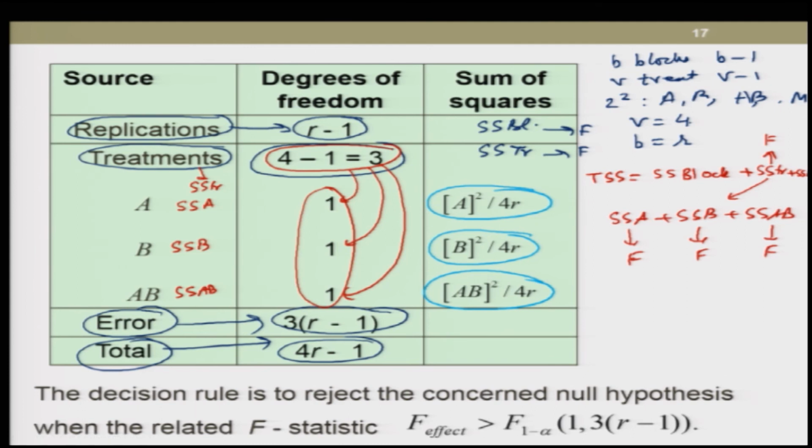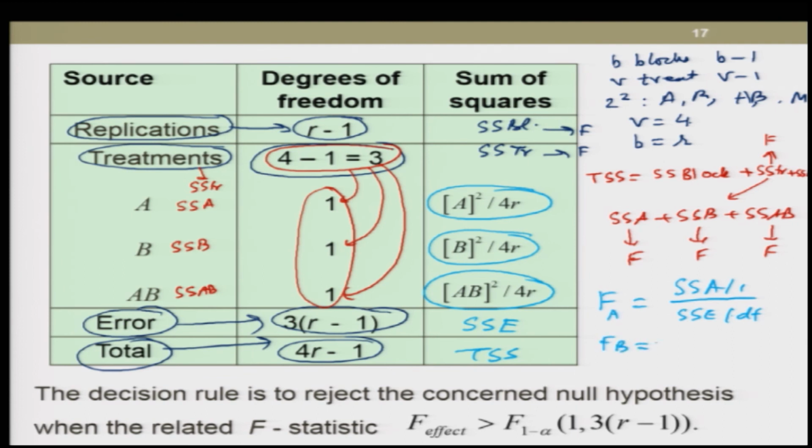And after this, there is going to be SSE and there is going to be TSS, and based on that you can define the F statistics, for example SSA divided by its degrees of freedom upon SSE divided by degrees of freedom of error, and so on. So, this is for FA.